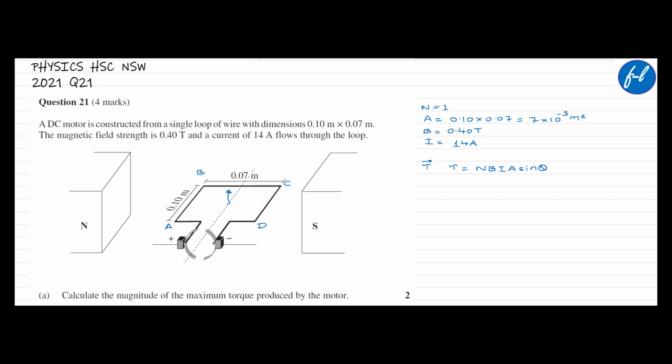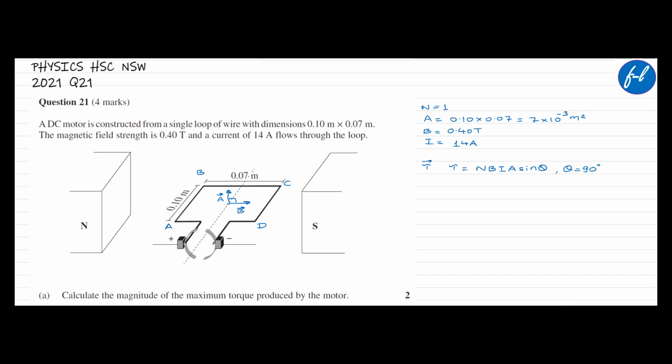So the normal to the plane, and the angle that it makes with the vector B. So this is area vector A, and this is vector B, magnetic field. What is the angle between the two? So theta is 90 degree, and sine theta, we know, will be equal to 1.